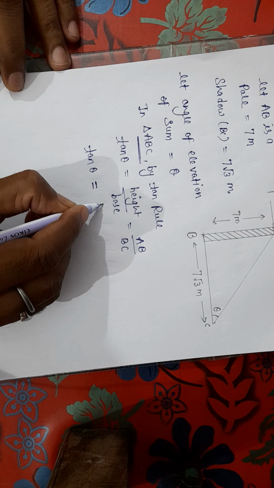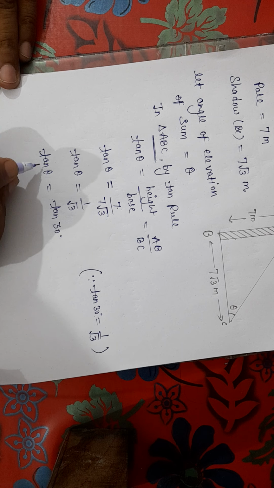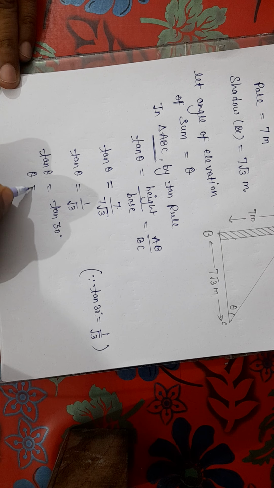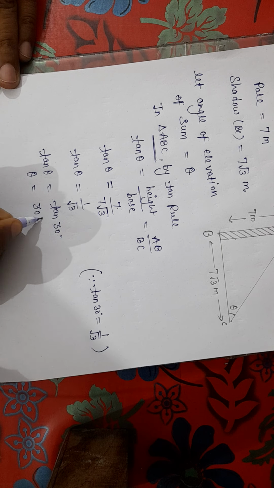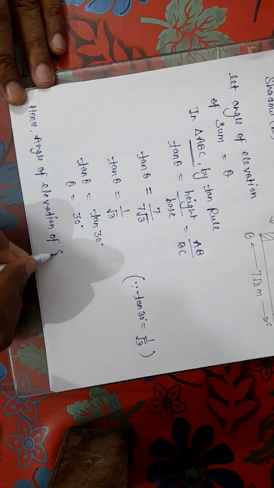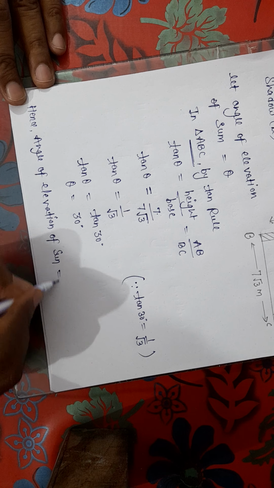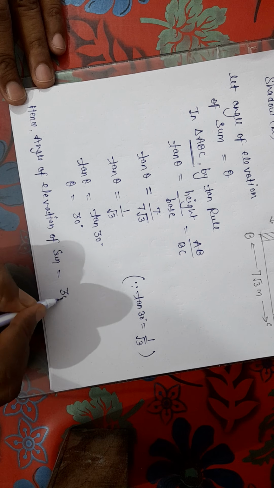So tan and tan will cancel here, and theta becomes how much? 30 degrees. Hence the angle of elevation of the sun equals 30 degrees. This is the answer.